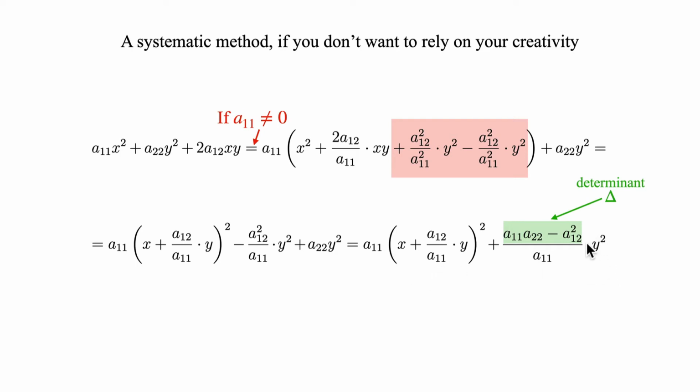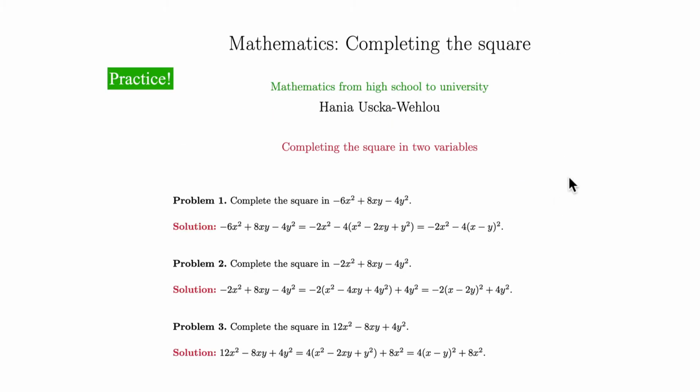And as a resource to this video, you get a list of problems for completing the square in two variables. You can look at the first problem or first two problems, how I solved them, and try to do the rest of them on your own, so you get some practice here.